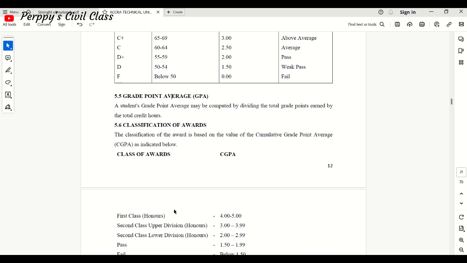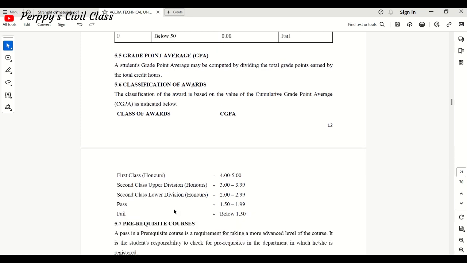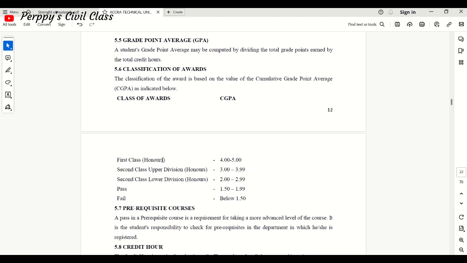expensive. So for the classification of awards, if your cumulative grade point at the end of your course is between 4 to 5, then you're a first class student.